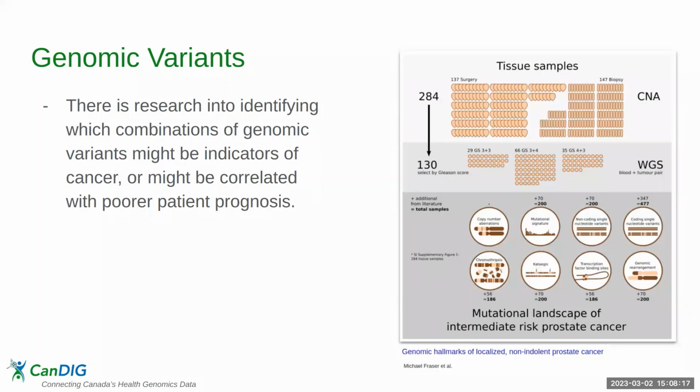Or perhaps, are there a combination of genomic variants that are associated with poorer outcomes after chemotherapy, or perhaps resistance to certain kinds of chemotherapy? So determining these genomic variants is a very important part of modern day oncological research.